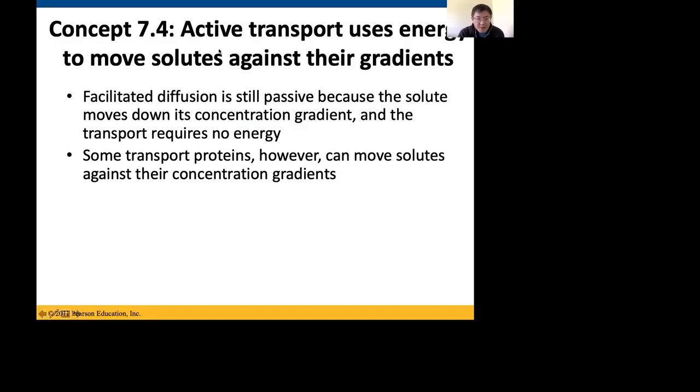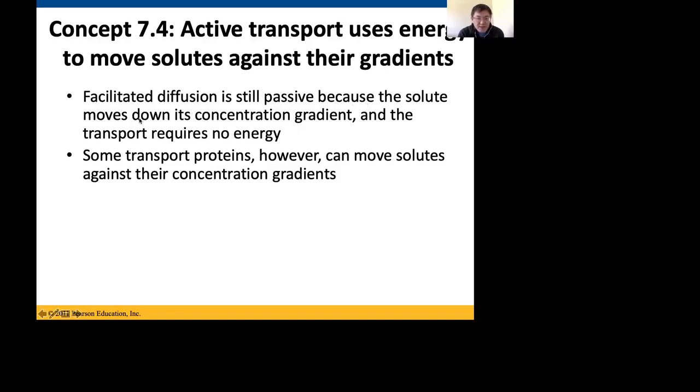Now let's talk about active transport. Active means this transport needs energy. Since this transport needs energy, it can transport molecules from a low concentration area to a high concentration area.